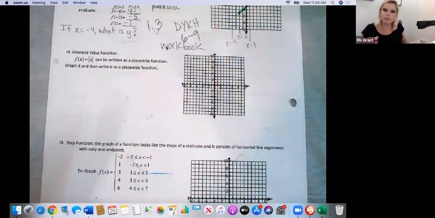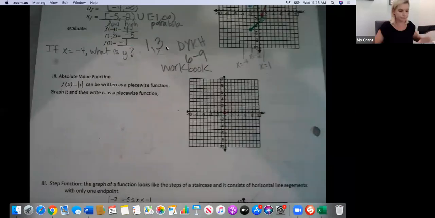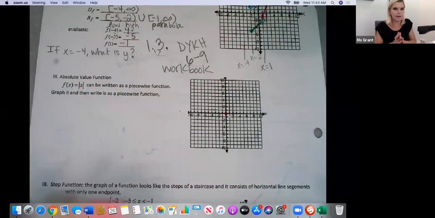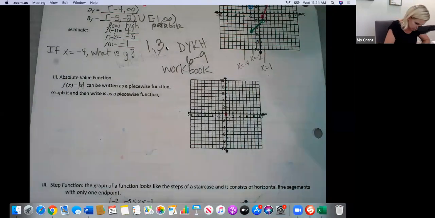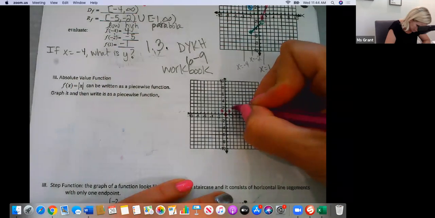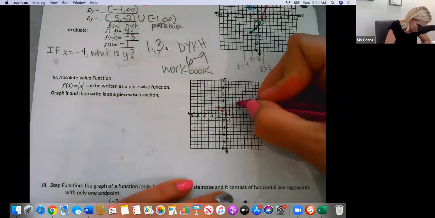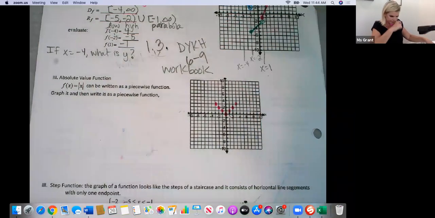And then you're going to do, let's get in there, really good. Absolute value parent function. Over 1, up 1. Over 2, up 2. In both directions, right? Over 3, up 3. I mean, you can go on forever, but we won't.